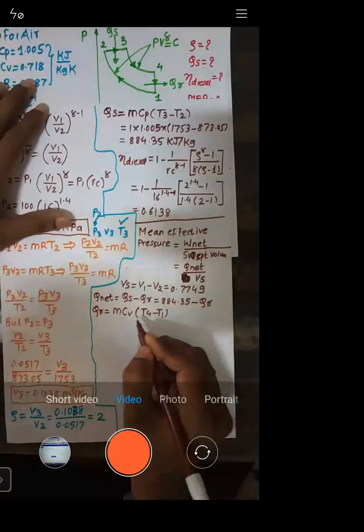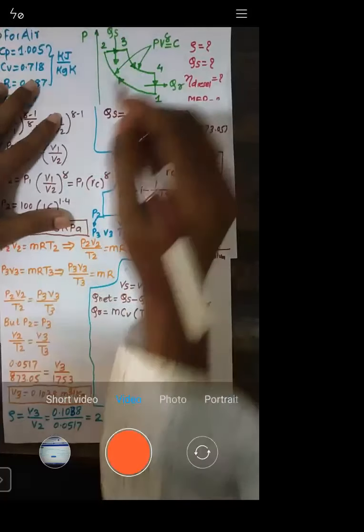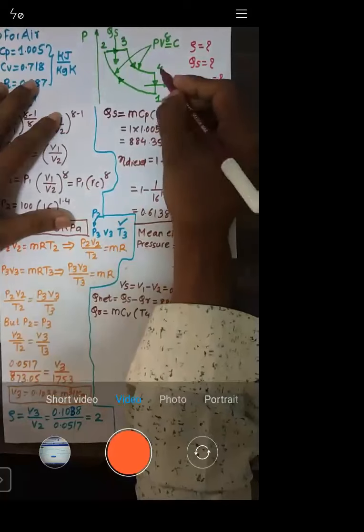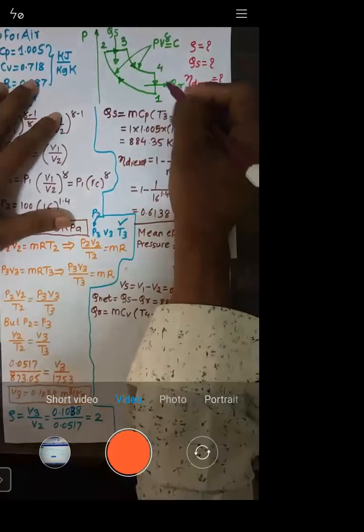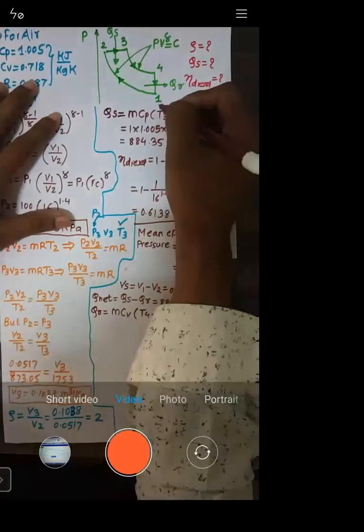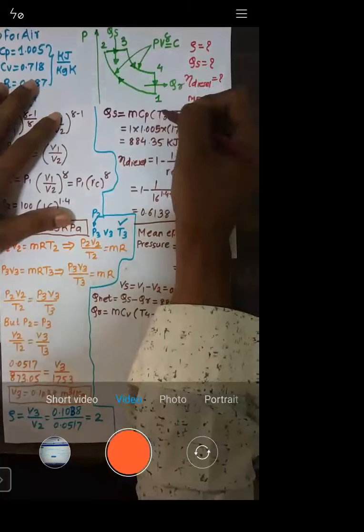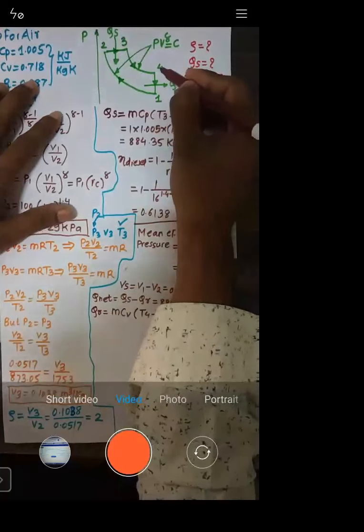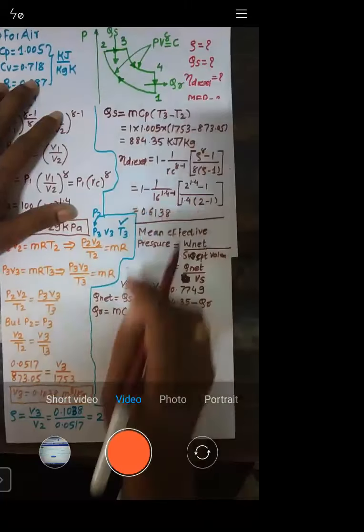I will take T4 minus T1 because T4 is greater than T1. Process 4 to 1 is heat rejection, so the temperature T4 will decrease to T1. That's why I took T4 minus T1, right?